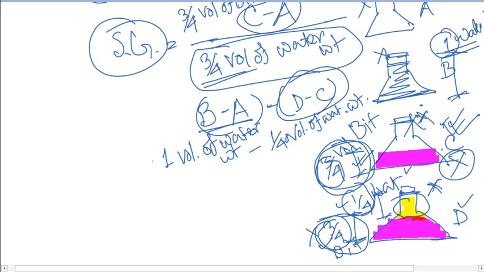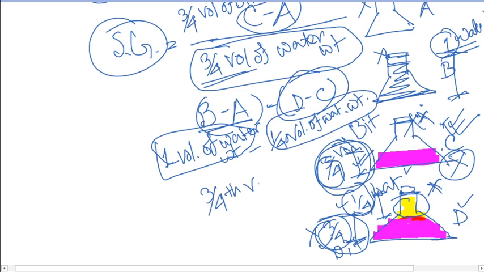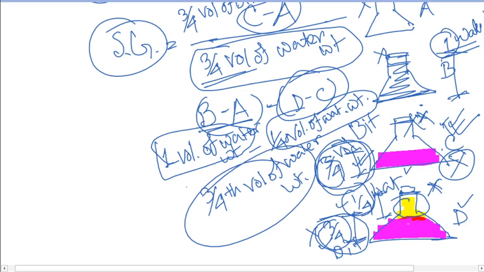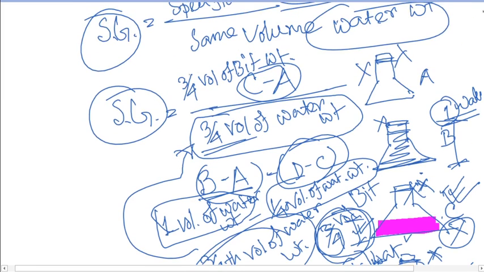Subtracting 1/4 from the 100% volume gives 3/4 volume of water weight, which is the same volume as the bitumen. This ratio is known as specific gravity.